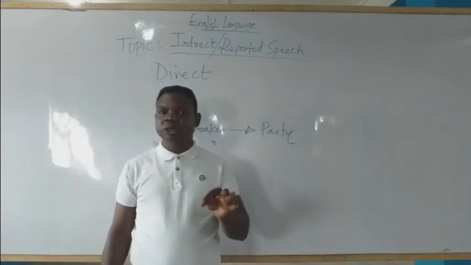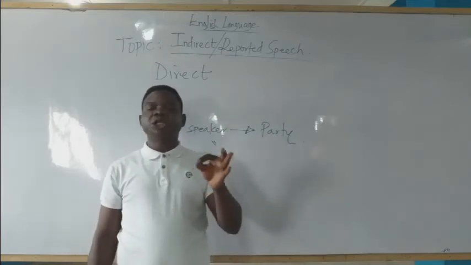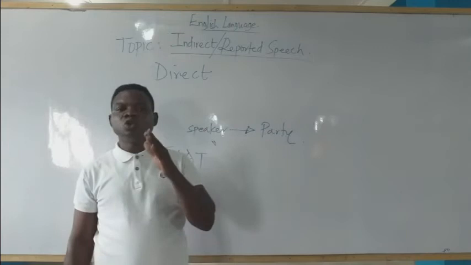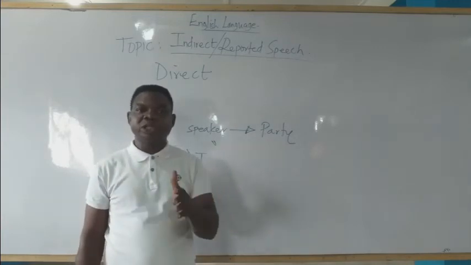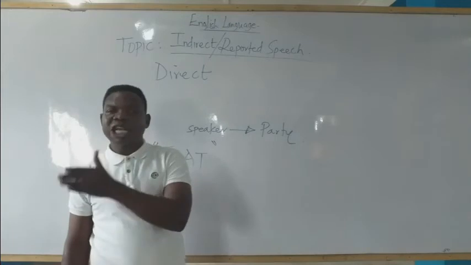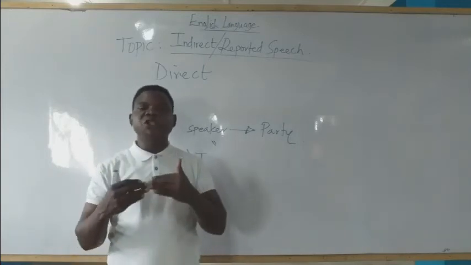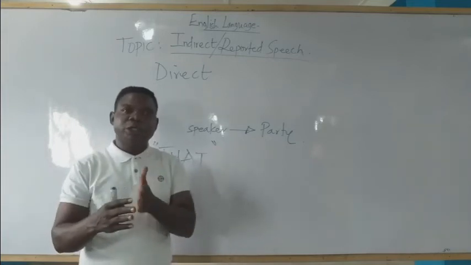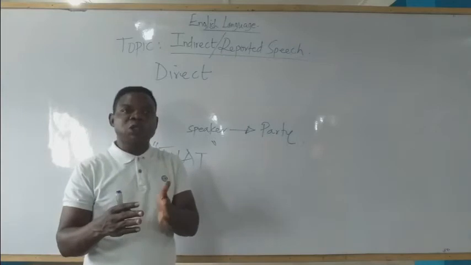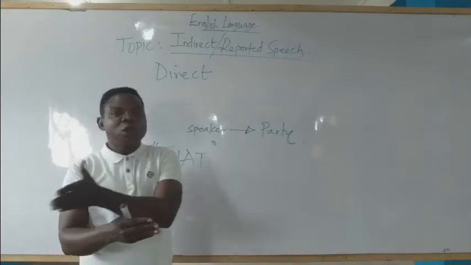English language is not a crazy subject, only that it does not require fallacies. You must know the steps in answering English language questions. Why? The topics have been arranged in your syllabus, and there are steps that you must follow or take in the course of studying those topics.